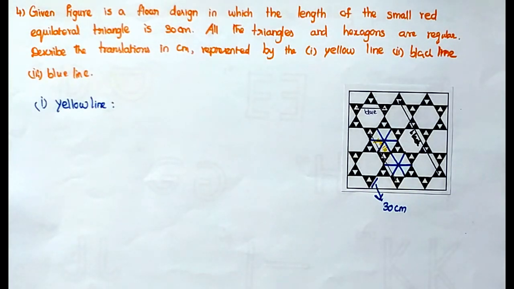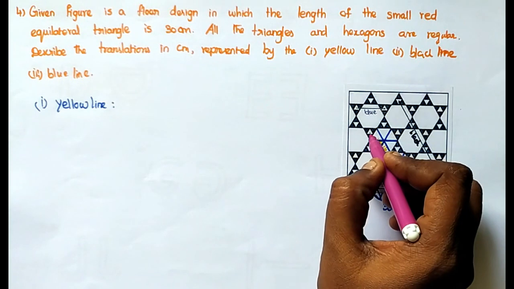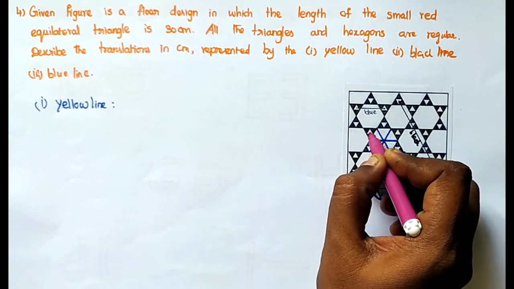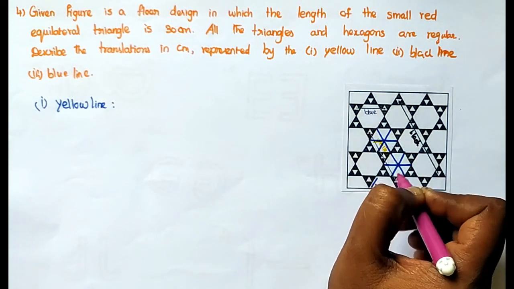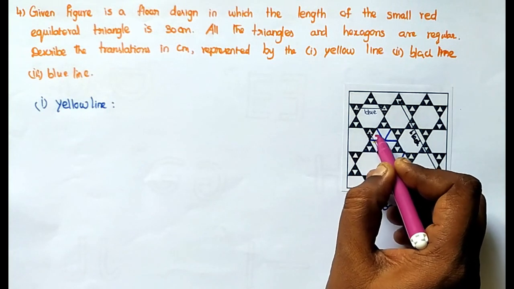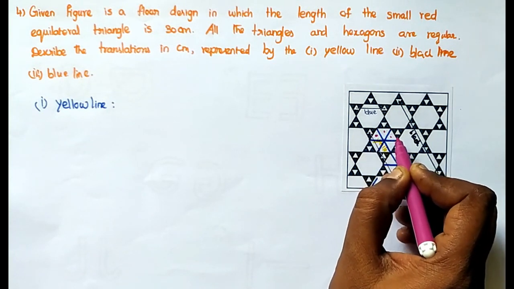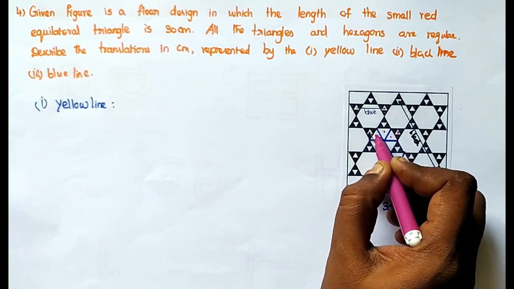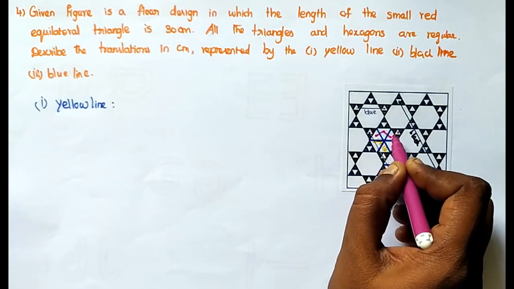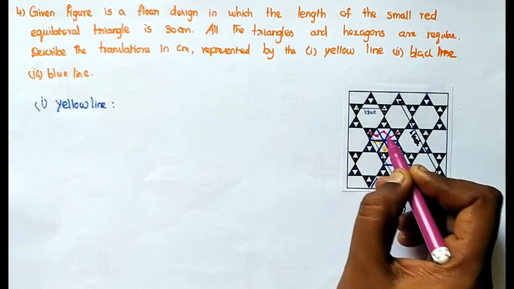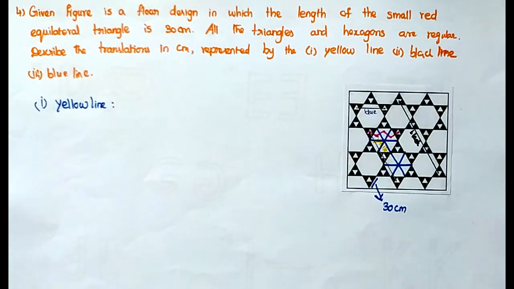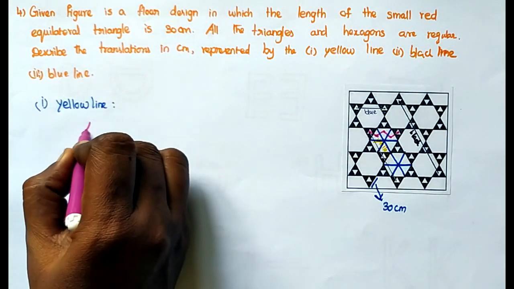In this, listen, we start from here to here. So 1, 2, 3, 4. 4 moves right side.